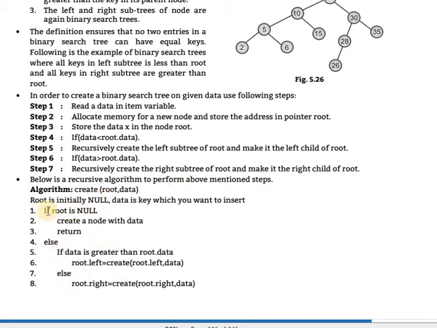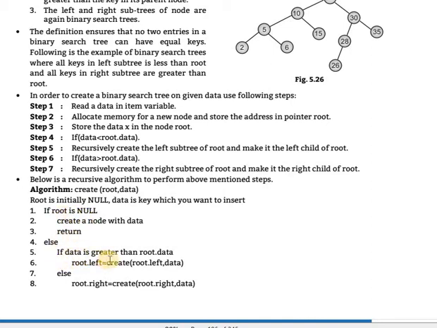This is the algorithm. Root is initially null. Data is the key which you want to insert. If root is equal to null, then create a node with data and return it. It means if root is equal to null, no elements are there, so it is automatically considered as the root, and return that.